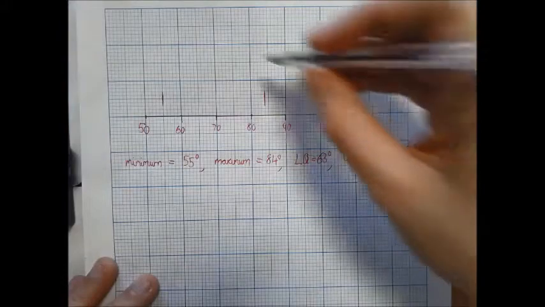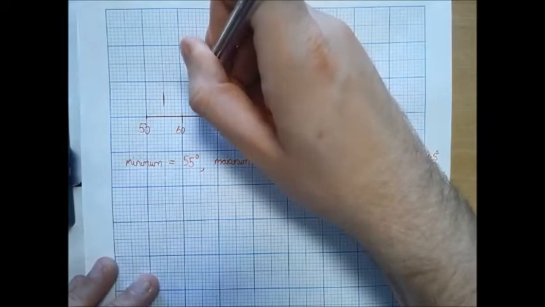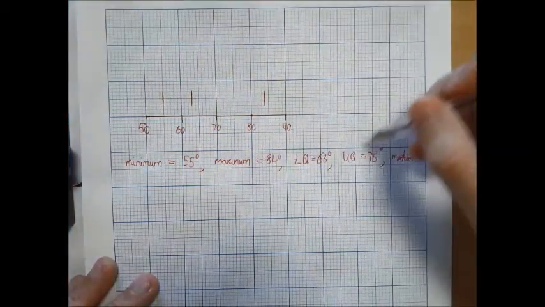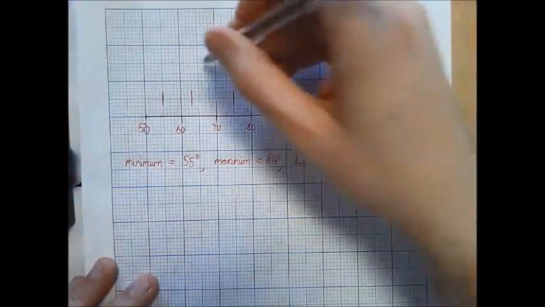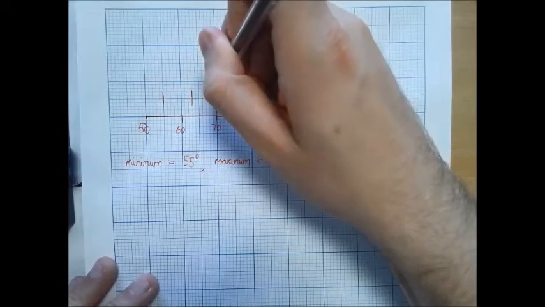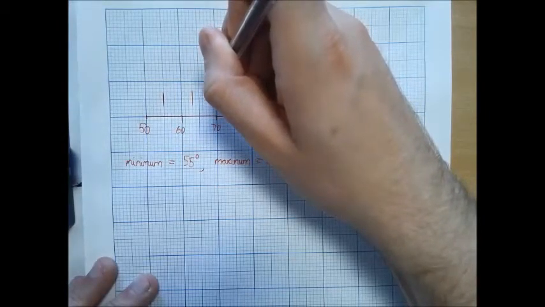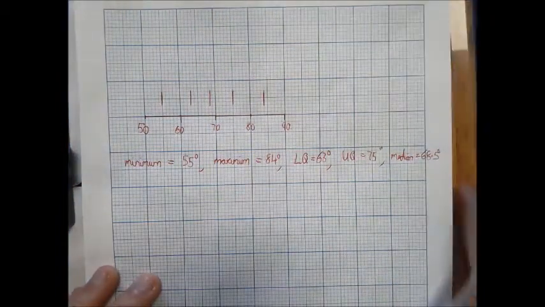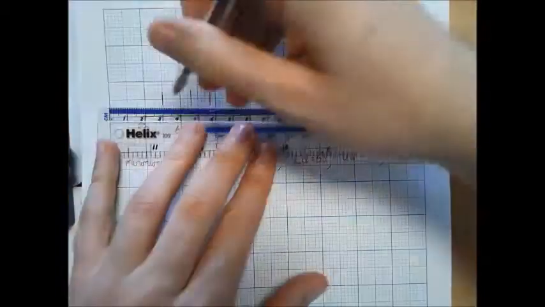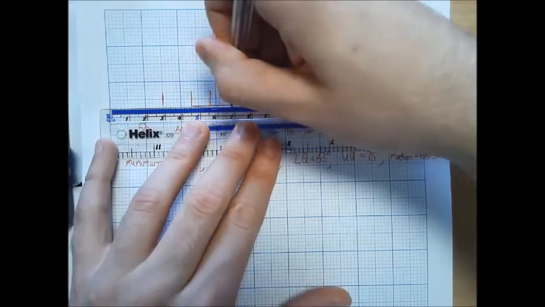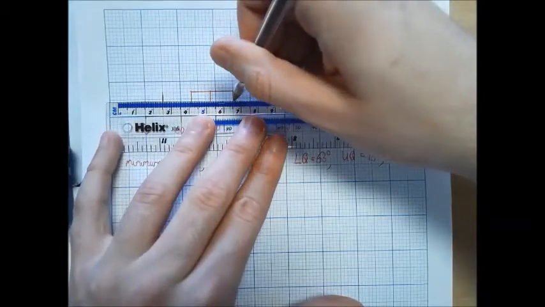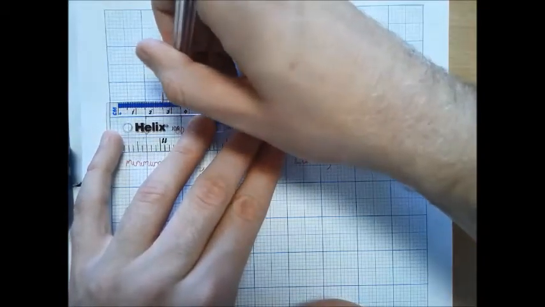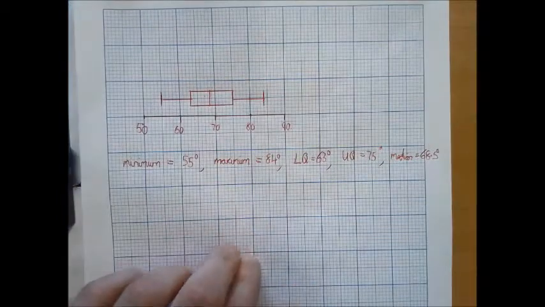Lower quartile is 63. Upper quartile is 75. Median is 68.5, so roughly. If we join that all up, and that is our completed box plot.